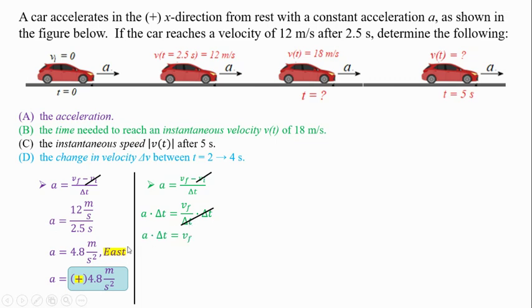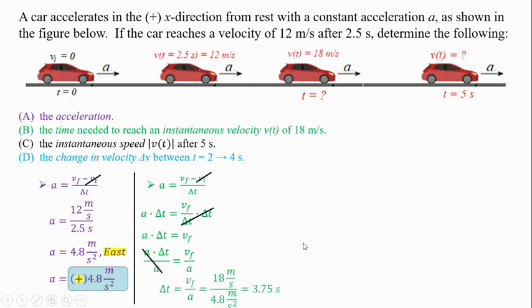So here we have a times delta t is equal to vf. To isolate delta t, we need to get rid of a. To get rid of a, which is multiplied by delta t, we do the opposite operation, so divide both sides by a. That's what it's going to look like.